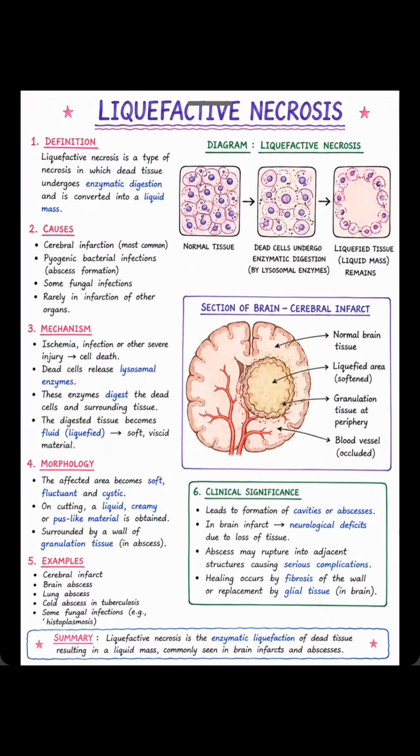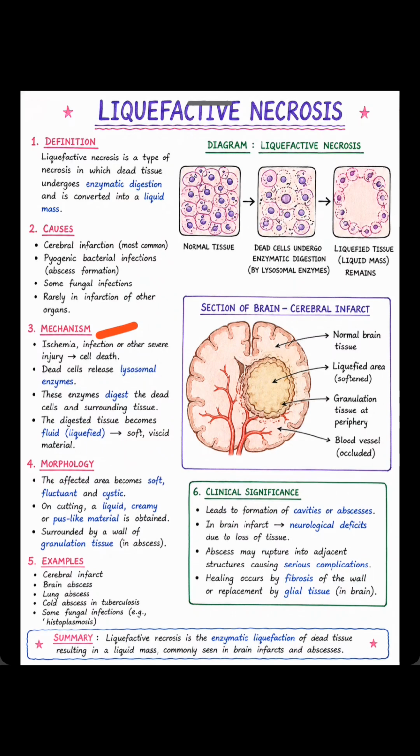What causes this? The classic textbook example is cerebral infarction, that is most common, that is stroke in the brain. It also happens in pyogenic bacterial infections which result in abscess formation and some fungal infections. So how does this mechanism work?